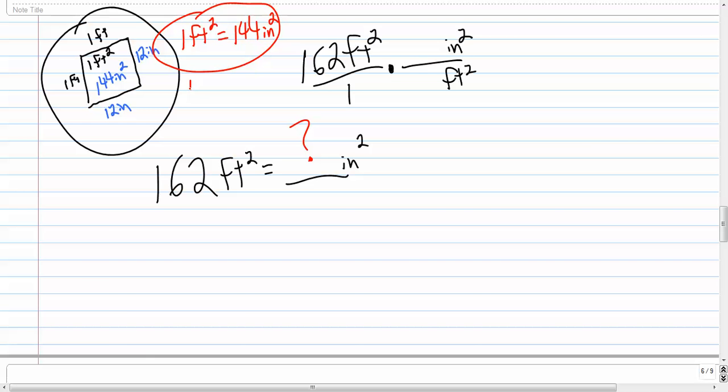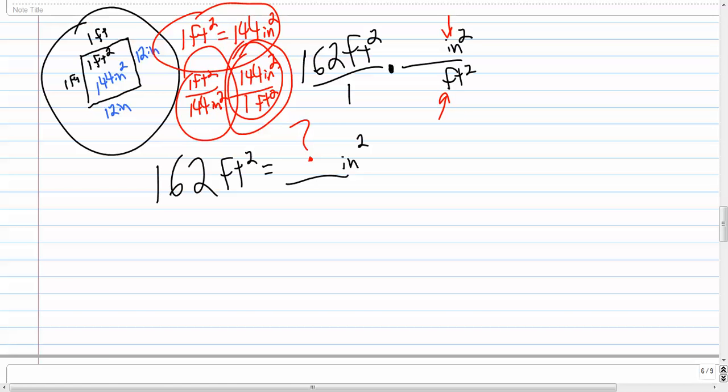Remember, I can write this either way. I can write it 1 foot squared over 144 inches squared, or I can write it 144 square inches over 1 foot squared. So I'm going to pick one of these two to do this problem, and look, I've got feet on bottom, inches on top, so I'm going to pick this one.